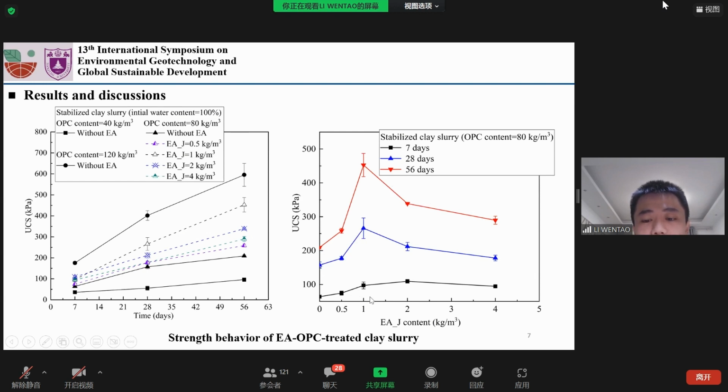At 7 days, the addition of 2 kilograms per cubic meter of expansive agent would enhance the 7-day strength to around 2 times that of the sample without EA addition, while at 56 days, the addition of 1 kilogram per cubic meter of expansive agent would raise the strength of OPC stabilized clay slurry from around 200 kilopascals to around 450 kilopascals.